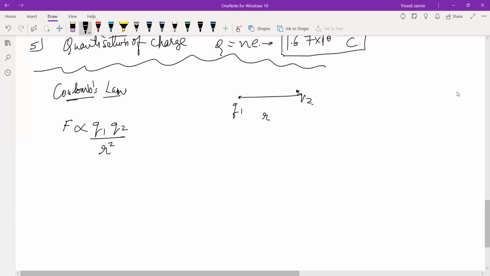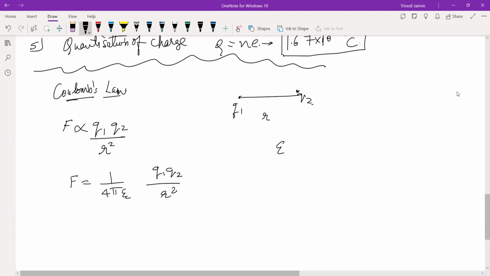And this proportionality we are removing by 4 pi epsilon, so F equals Q1 Q2 by 4 pi epsilon R square.